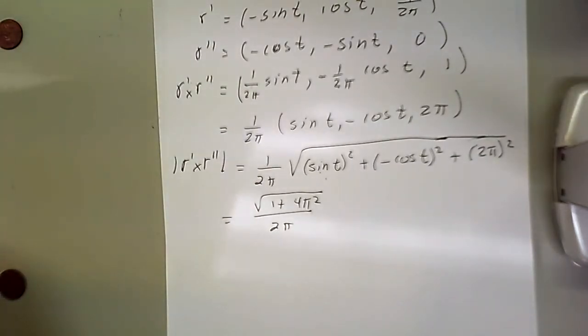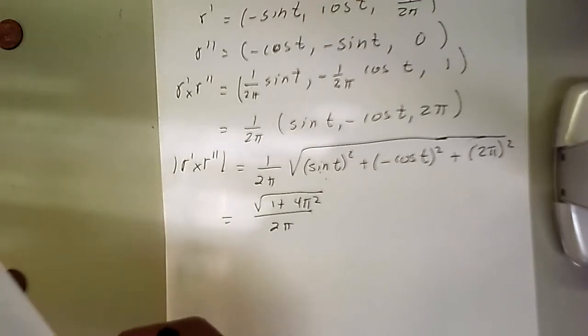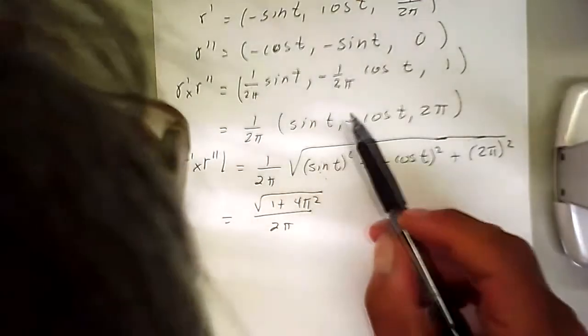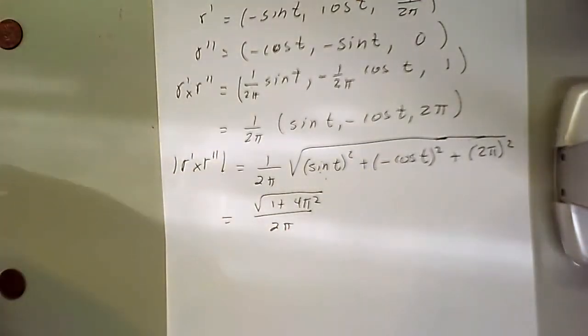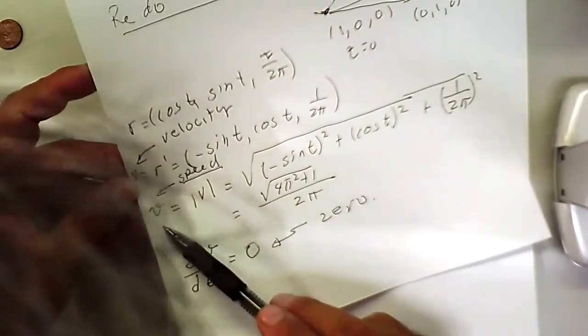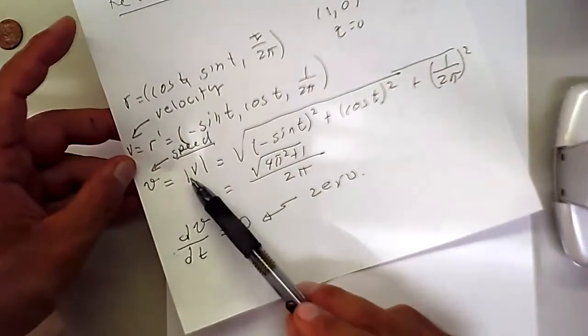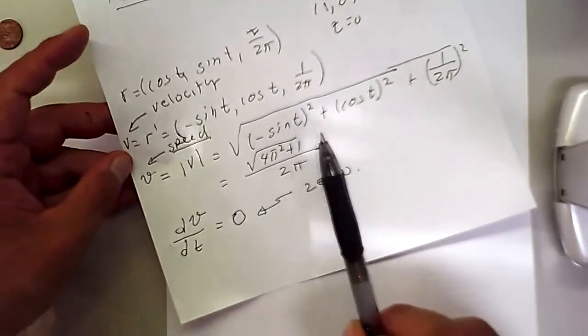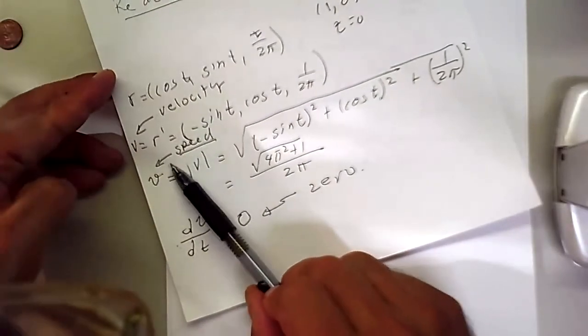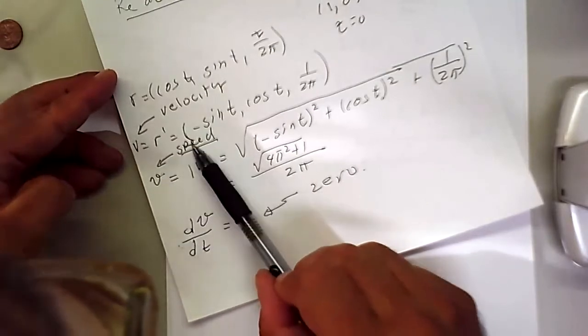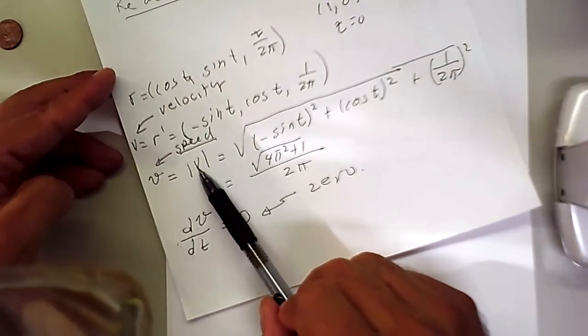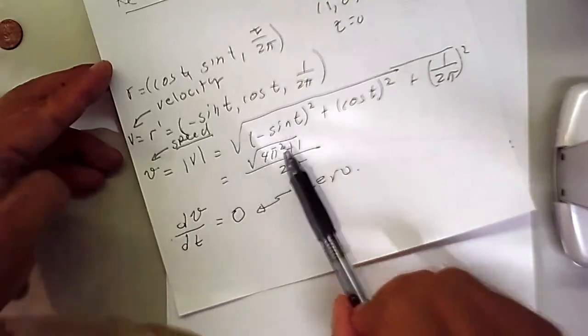So there's the product, we need to divide by the speed. Where's the speed? I'm not sure I found it. I think I did find it earlier. Oh yes, it is right here. The speed is the magnitude of the velocity, which we had found earlier.